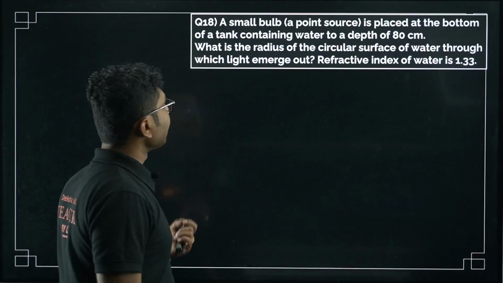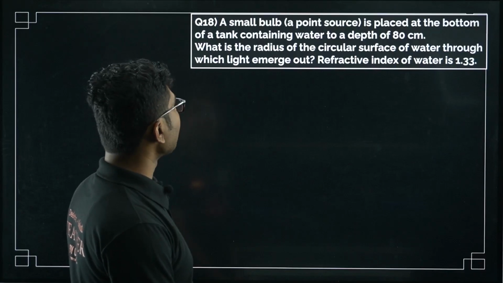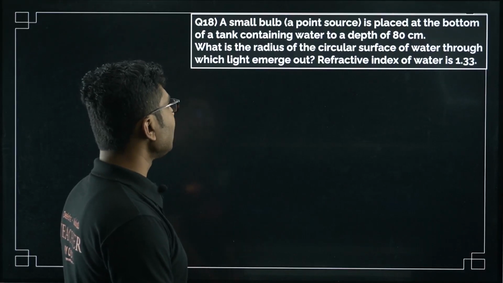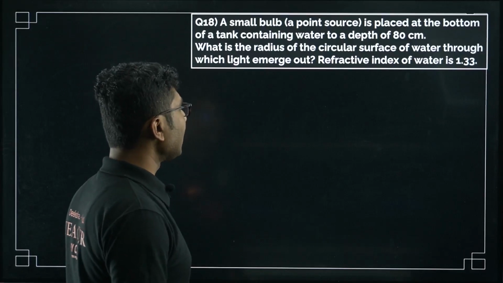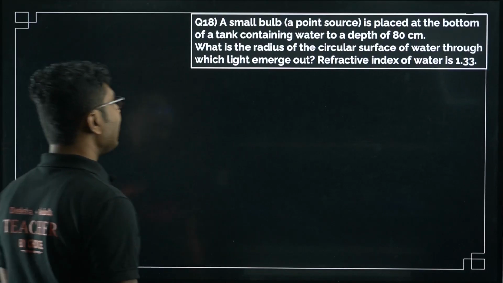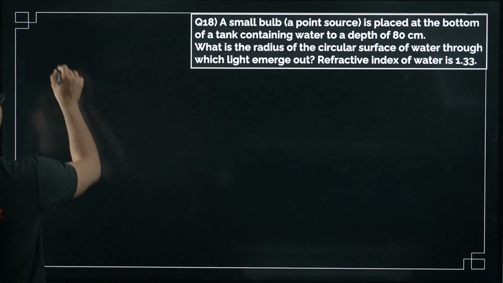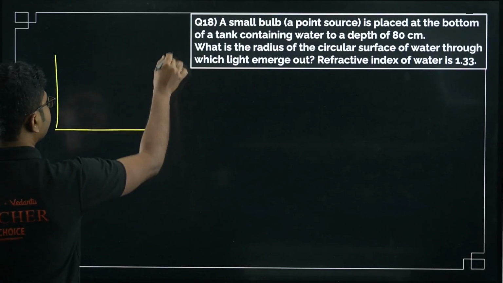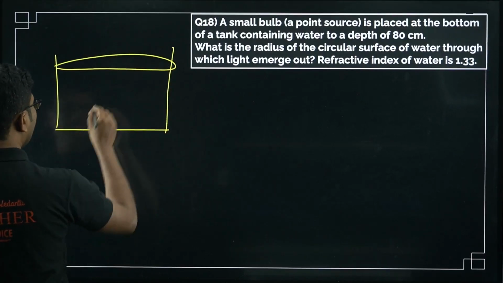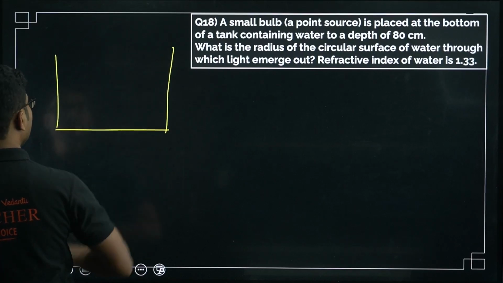Now next question: a small bulb, a point source, is placed at the bottom of a tank containing water to a depth of 80 centimeter. What is the radius of the circular surface of water through which light emerges out? Refractive index of the water is 1.33. So we have a tank, okay, some water is there, and let me draw it like this, otherwise it will be difficult for me to explain later.